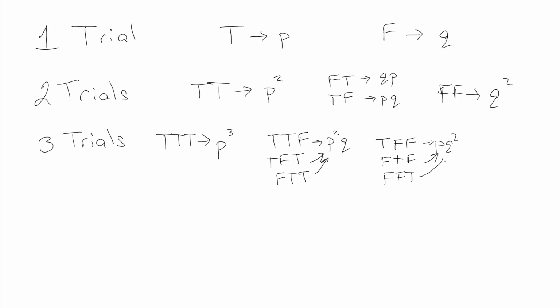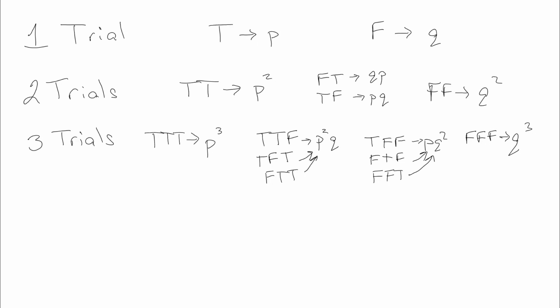All of these are going to be PQ squared, and then if I go false, false, false, I get Q cubed. Got it? So the probability of getting three falses is Q cubed.